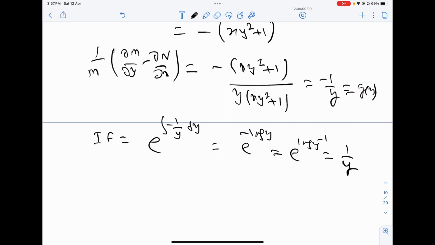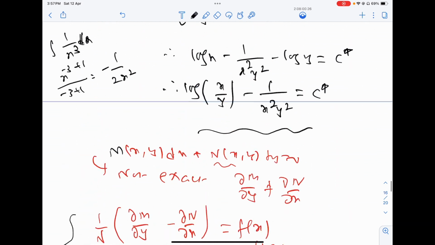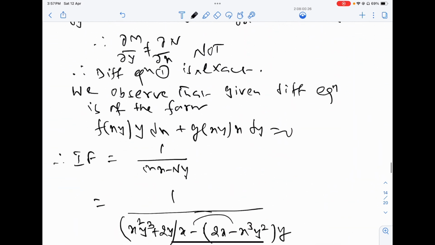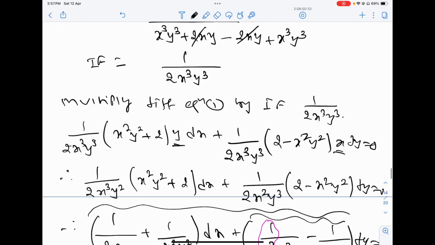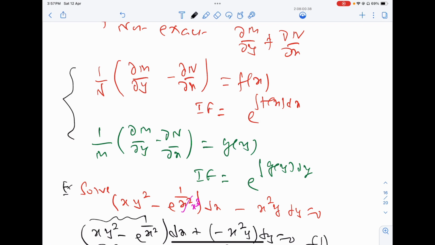And now the integrating factor here, let us just correct this. For a function of y, it is not e power integration g y but minus.